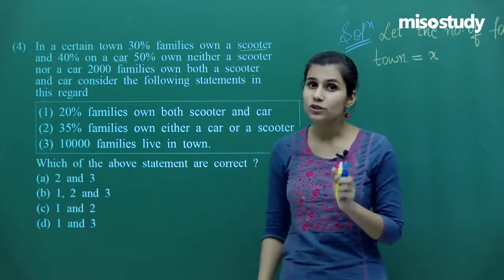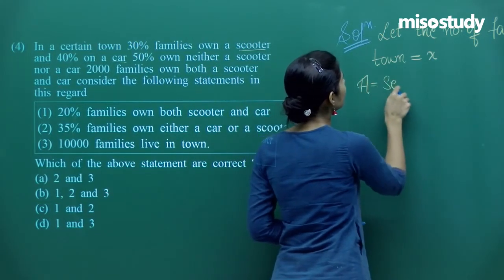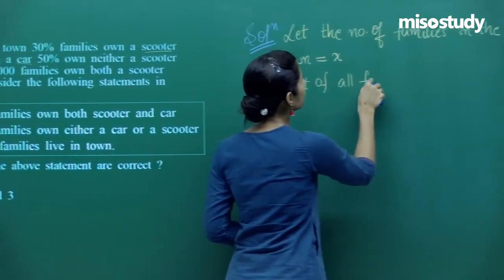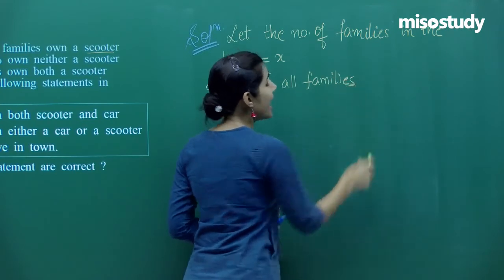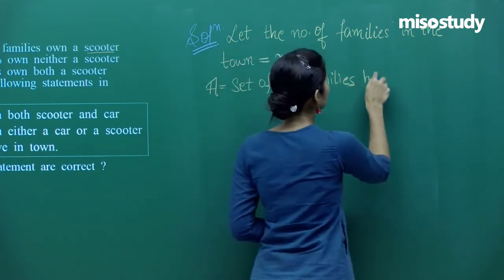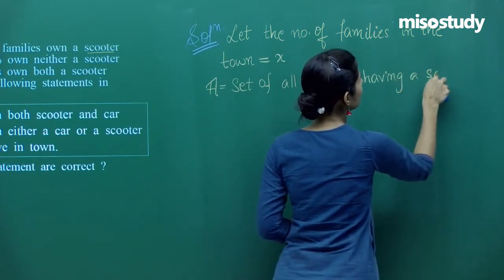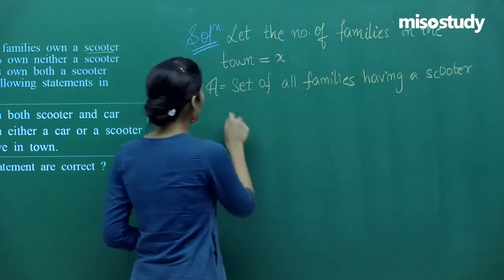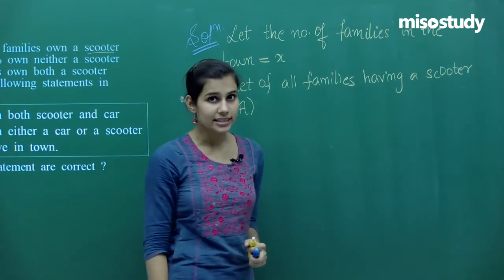30% families have a scooter. So if I say that A is the set of all families having a scooter, in that case, what is the number of families sitting basically like this?